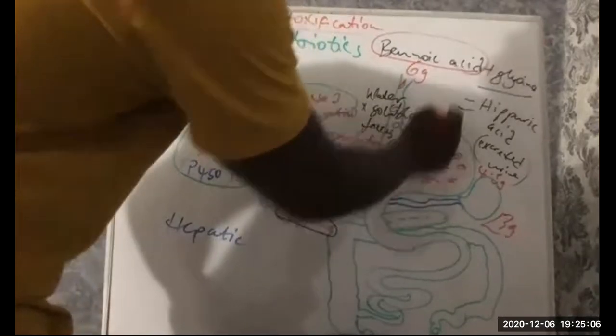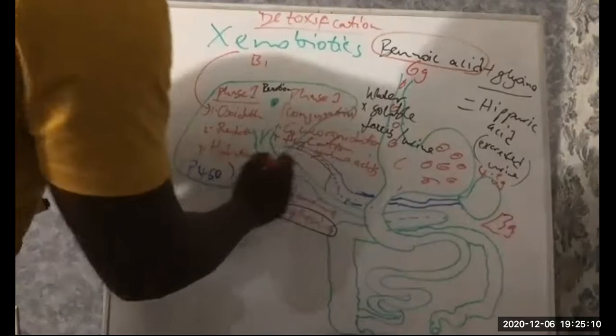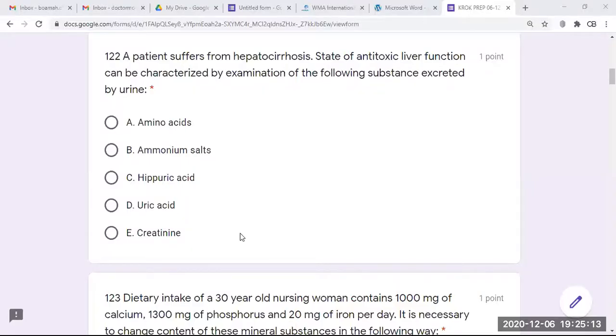Now this benzoic acid will be absorbed through the portal vein. Now in the liver, this benzoic acid will undergo phase 1 of the detoxification, and at phase 2 of the detoxification, glycine will be added to the benzoic acid, right?